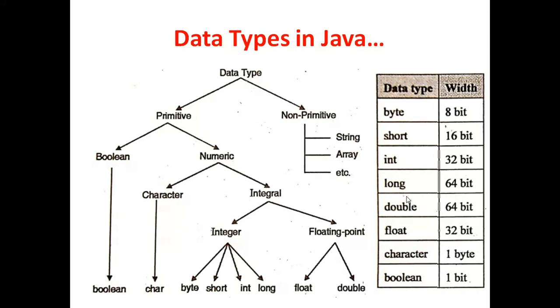Numeric has character, integers or floating numbers, that is byte, short, integer, long, float, double, etc. In non-primitive types, we have string, array, etc. The table shows the width of each data type used in Java. For byte, it has a width of 8-bit, integer has 32-bit, and float also has 32-bit width.